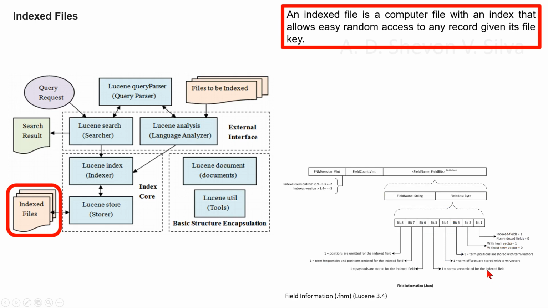Here you can see, now we are considering field information, .fnm. The field info file with the suffix fnm records the index time attributes and field names for every field. Fields are numbered by their order in this file.